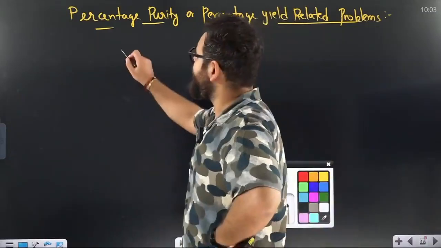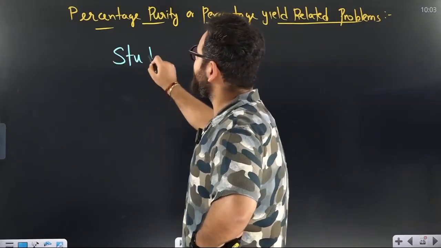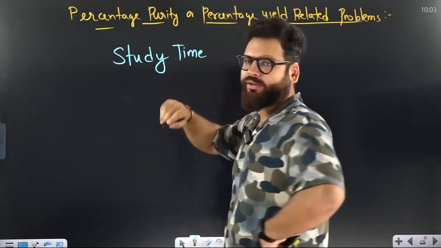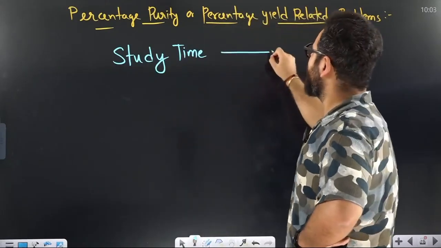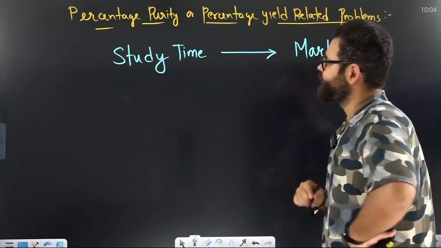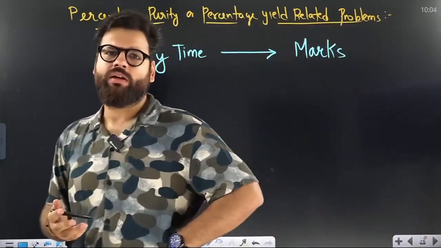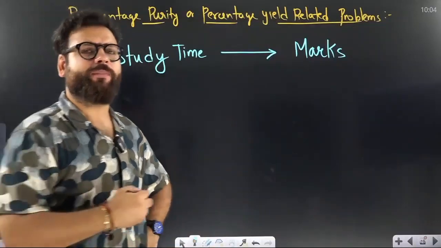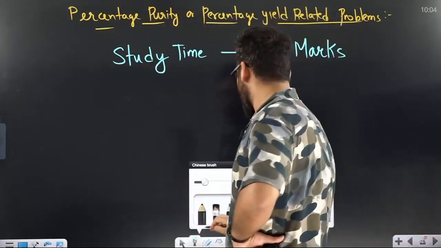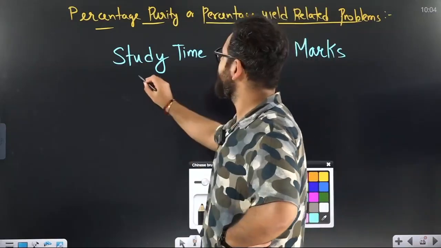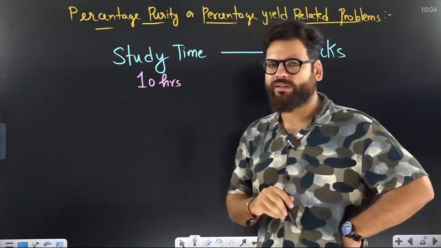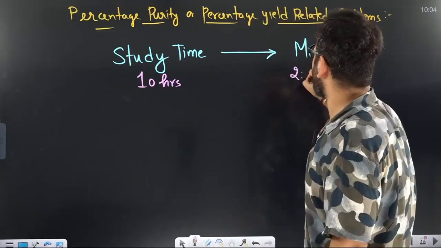Please see here. Study time is a reactant. The more you study, the better marks you get. Marks is a product. The more you study, the more marks you get. Right? Now let me give you the stoichiometry. Stoichiometry is that when I study for 10 hours, I get 200 marks.